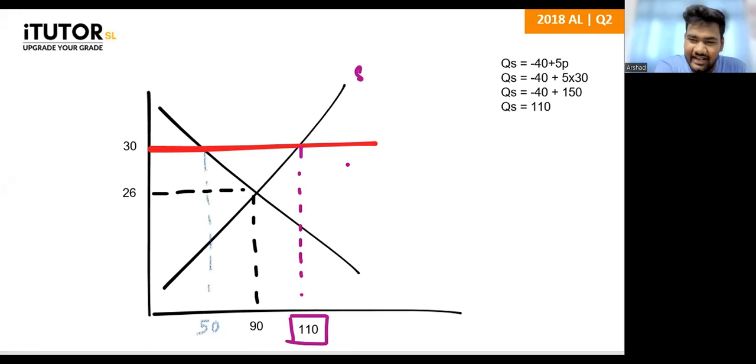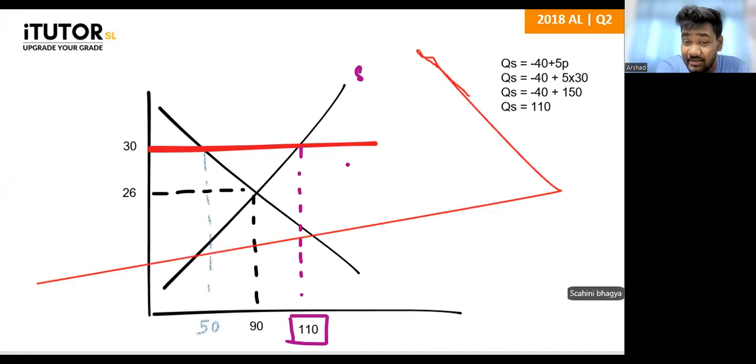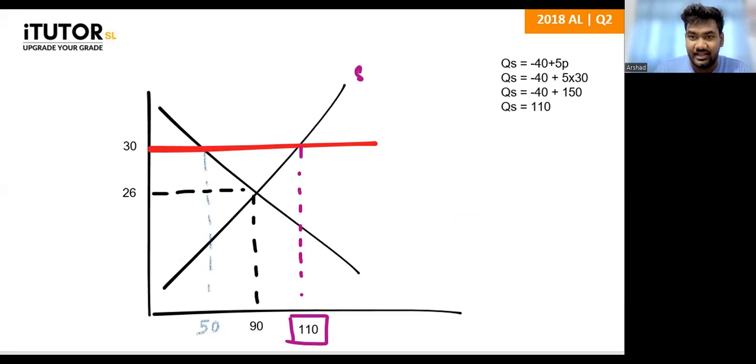Government came and felt that the price of 26 rupees per kilo is unfair. So government said, look here, farmer, I will give you, and guys, don't draw on the board. Government came and said, 26 is not enough. I understand.